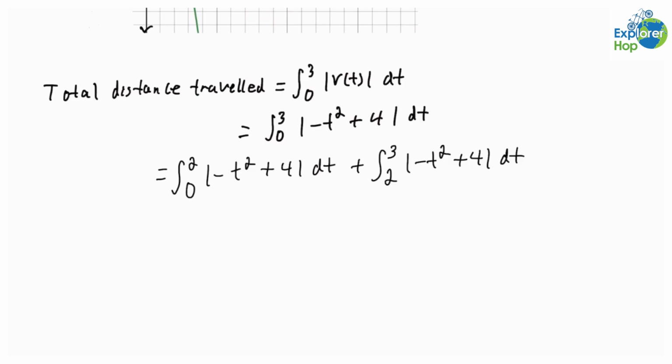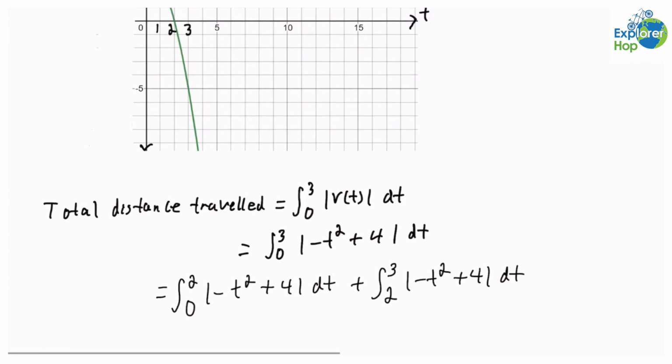And notice that the function v of t is positive between t equals 0 and t equals 2. And v of t is negative between t equals 2 and t equals 3.